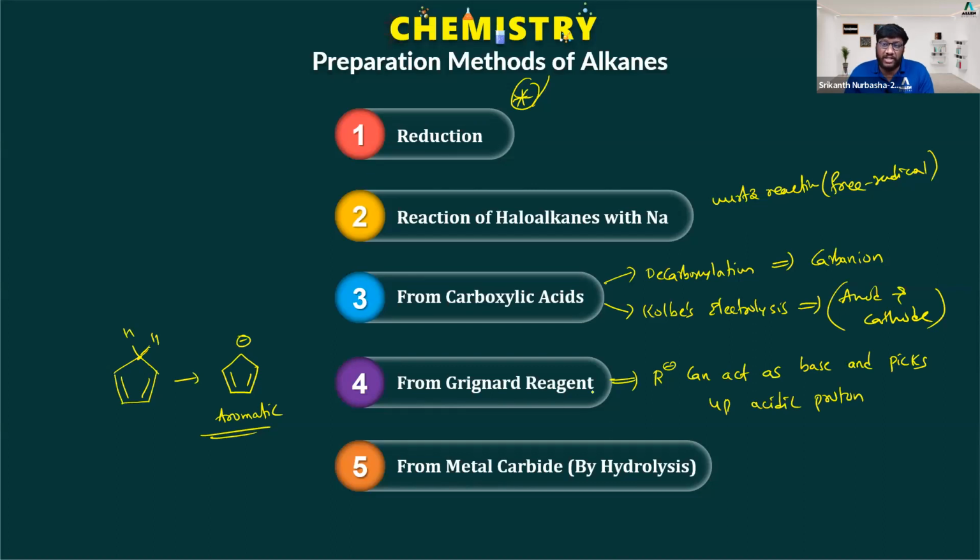Grignard reagent, if it acts as a base, picks up the proton. When will it act as a base? When we have acidic protons. Which protons are acidic? Hydrogen connected to more electronegative elements are acidic protons. Metal carbides can also undergo hydrolysis to form the respective alkanes. This is an overall broad view.